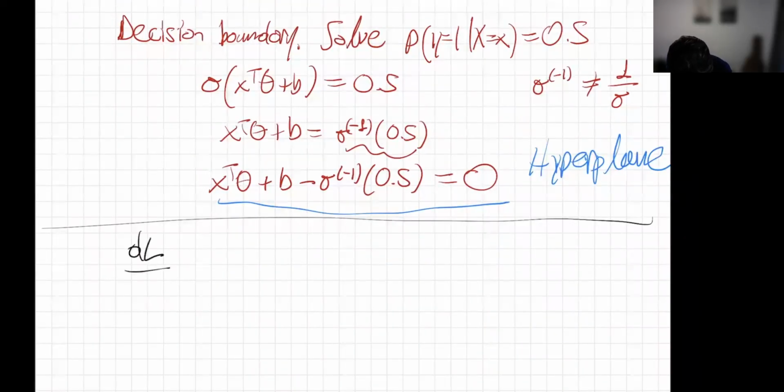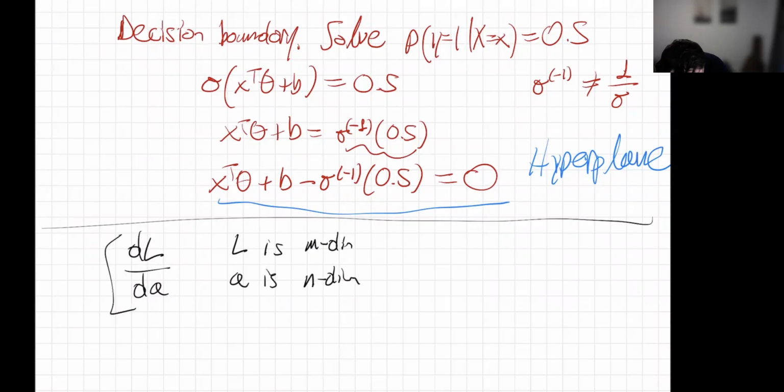The question was about dL dA, assuming that L is a function of A. And L is m-dimensional, A is n-dimensional. Yes. So for general problems like that, this is called a Jacobian. That's the most general term we have for that. And indeed, the most common way you will find this written, even though it's a convention and it can be written in the other direction as well, is this.